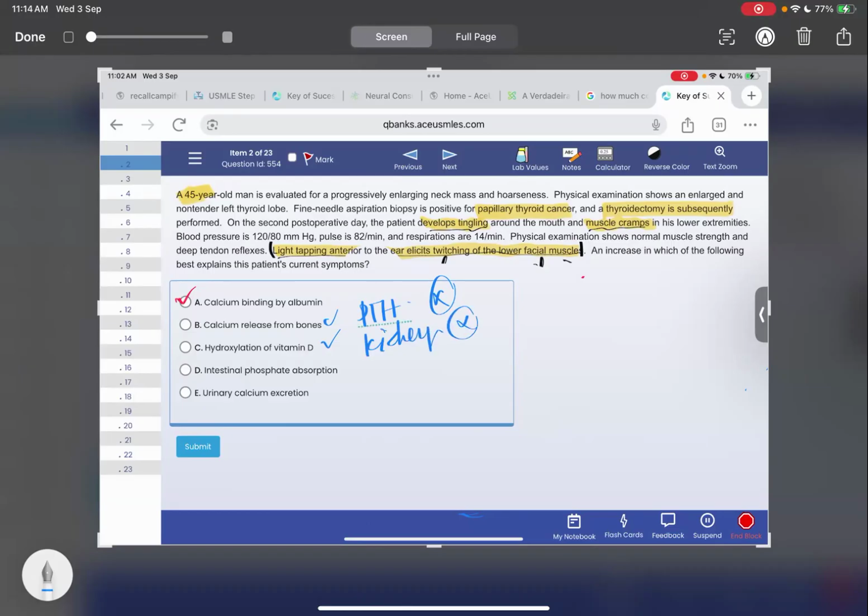Intestinal phosphate reabsorption, same, with the help of activated vitamin D. So urinary calcium excretion, because PTH is not present to do what? To reabsorb calcium, right? So excretion is increased.